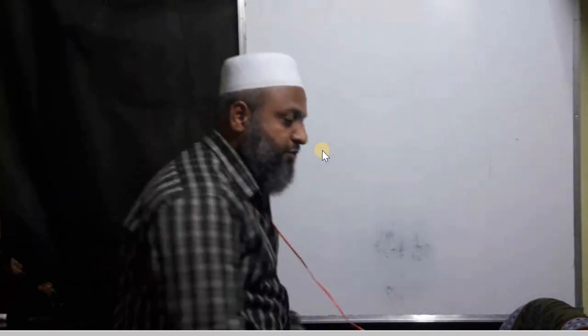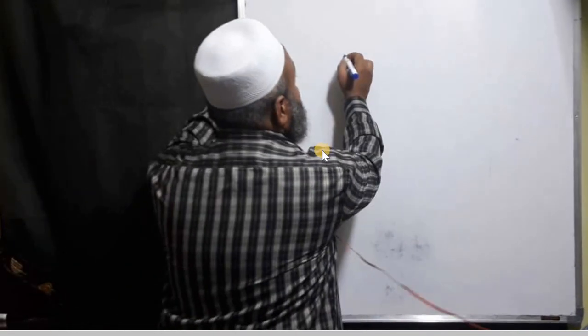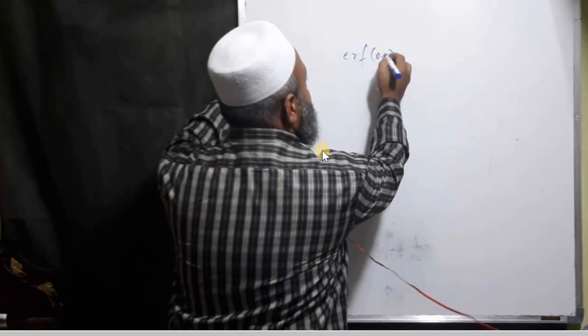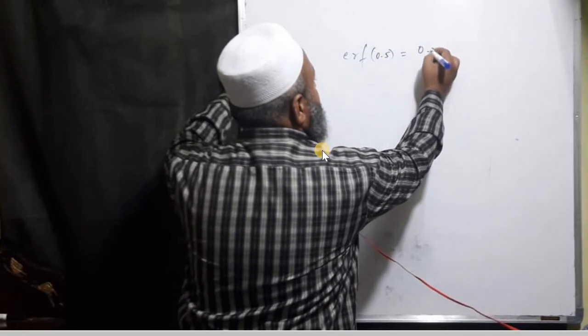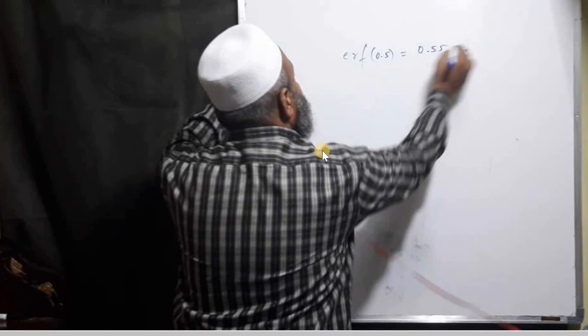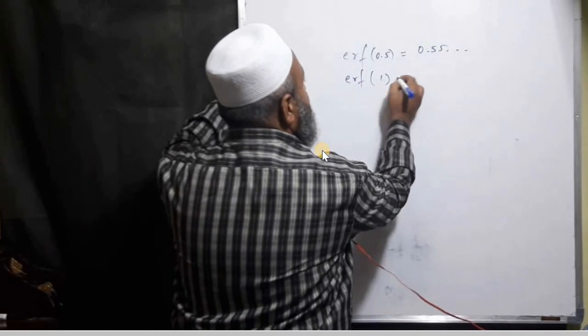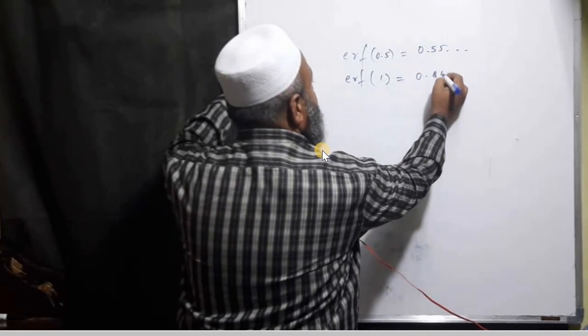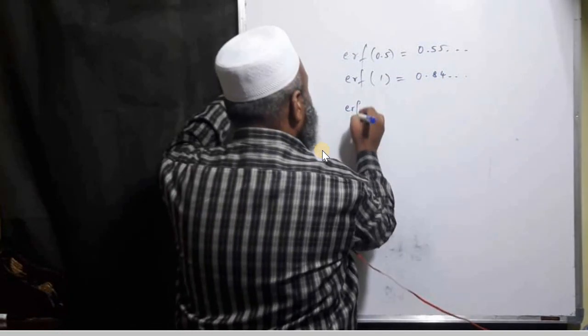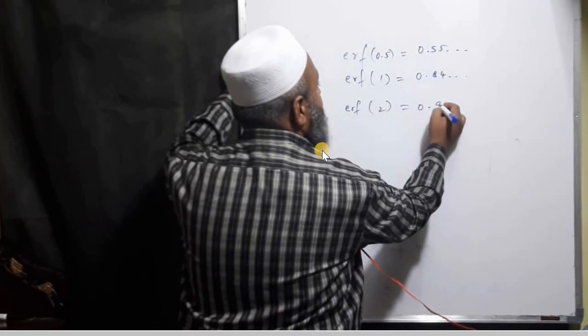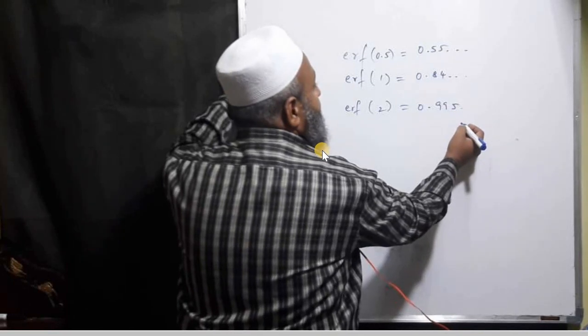So what you understood now is that I have shown you the error function at 0.5 is roughly 0.52, approximately. The error function at 1 was 0.84 something, and the error function at 2 was 0.995, I believe.